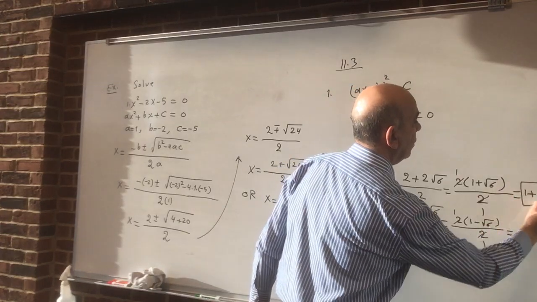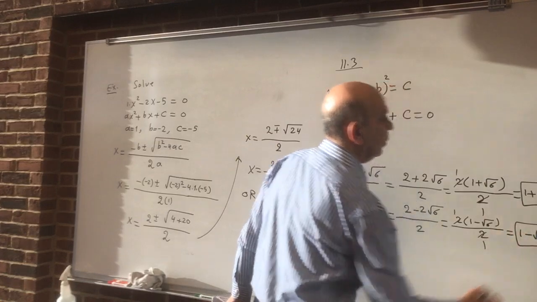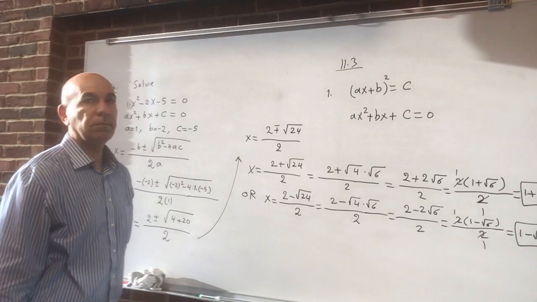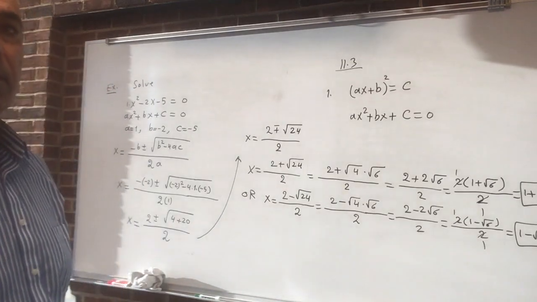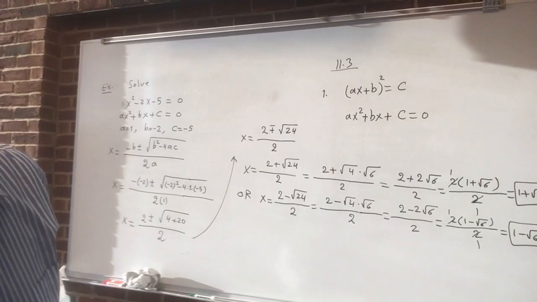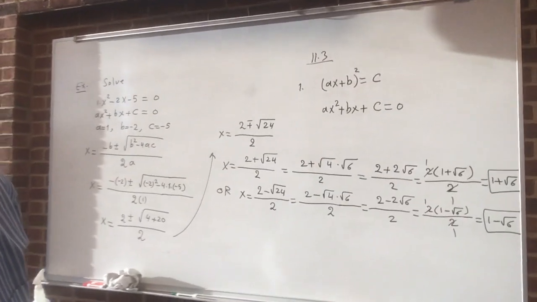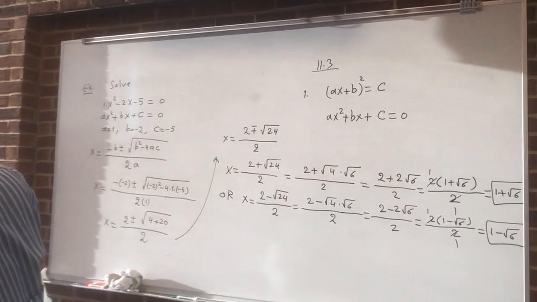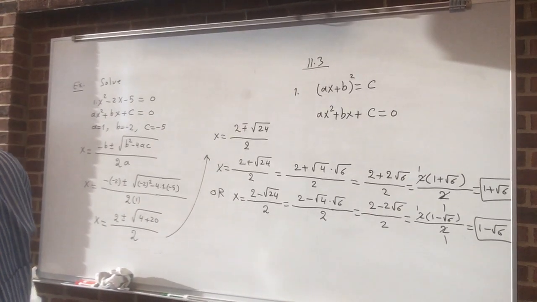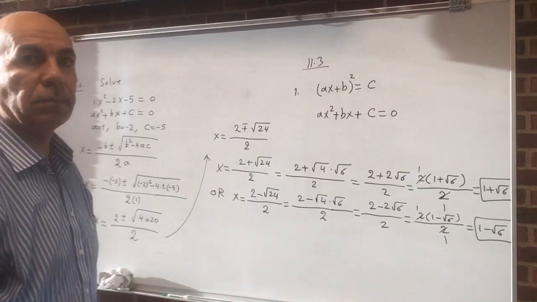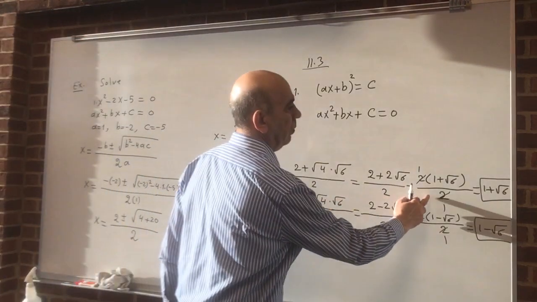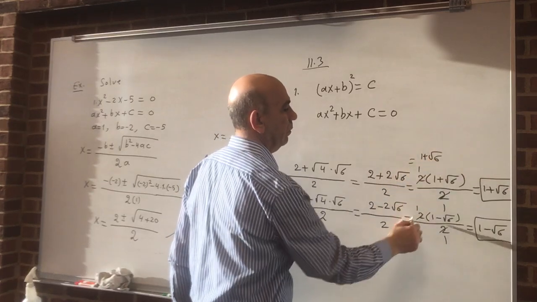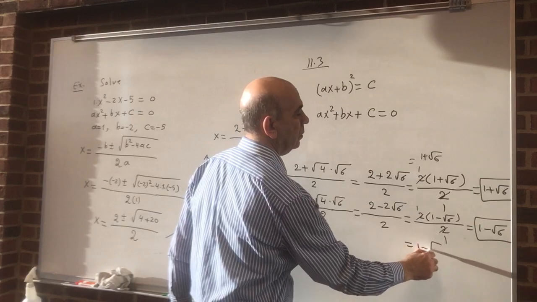So the answer is 1 plus root 6 or 1 minus root 6. From this one, x equals 1 plus root 6. From this one, 1 minus root 6.